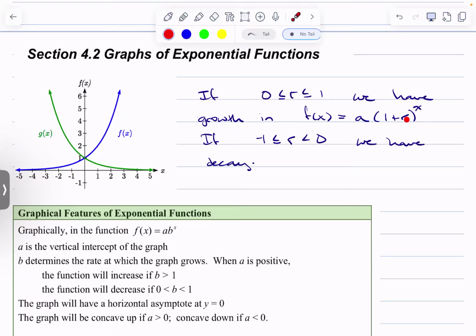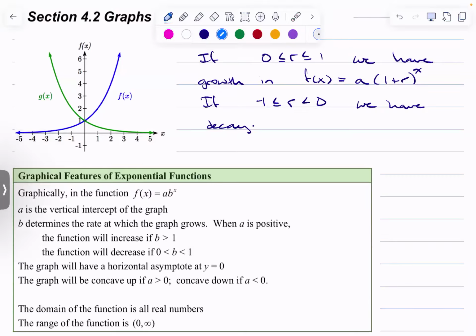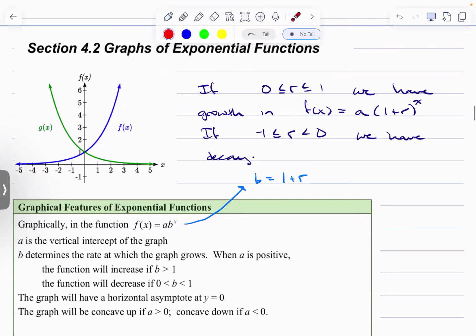One plus r, right? That's going to take the place of our b in general. And so b is 1 plus r. So if r is between 0 and 1, then I can start at 1 plus 0 and I can move up to 1 plus 1, putting b somewhere between 1 and 2.